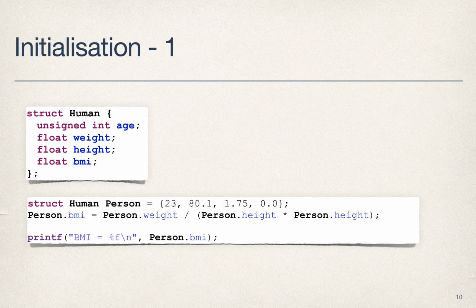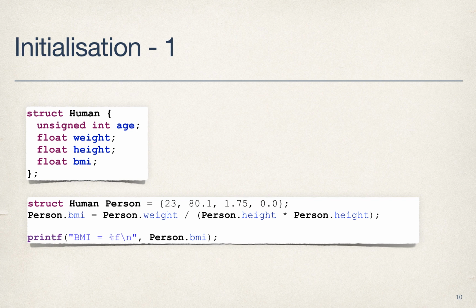In the same line as we instantiate person, of type struct human, we say that the age is 23, the weight is 80.1, the height is 1.75, and BMI set to 0 because we don't know what else to set it to. We can then calculate BMI. So you can initialize using this curly bracket and comma separated list, and this matches the first one, this matches the second, and we've got to be careful to get them in the right order and of the right type.